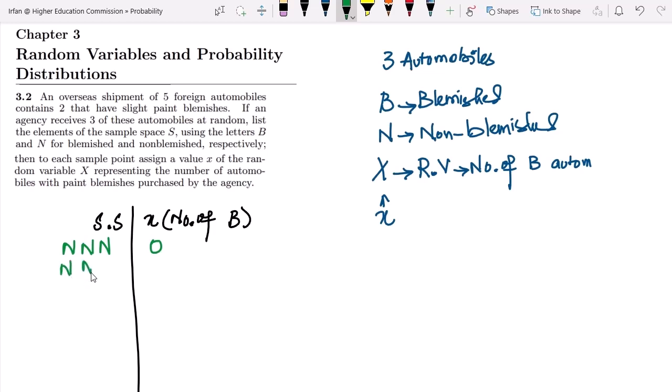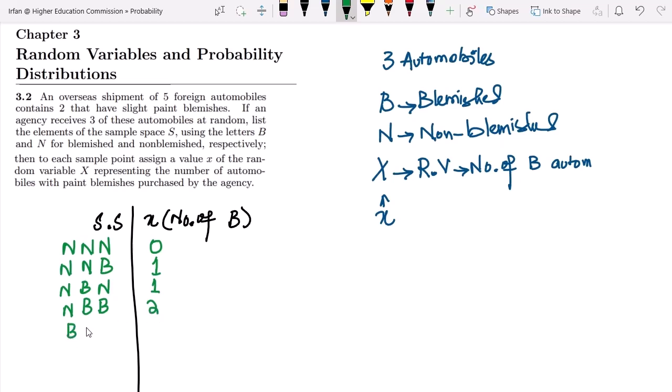Similarly N N B, because here we have only one B, so we can write 1 because the number of blemished here is 1, okay. Similarly N B N, okay, here again 1, and N B B, okay. So what is this? Now we can see that here we have 2 blemished cars.